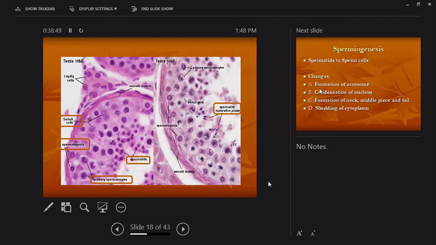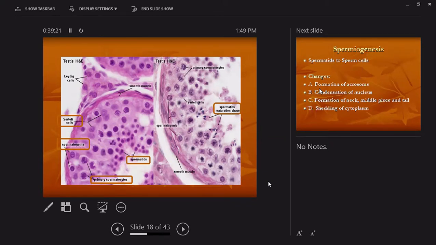And then the spermatogonia, these are the immature cells. They are found in the basal layer of the tubules of the testis, there, lining. The nucleus is dark, dark stain.